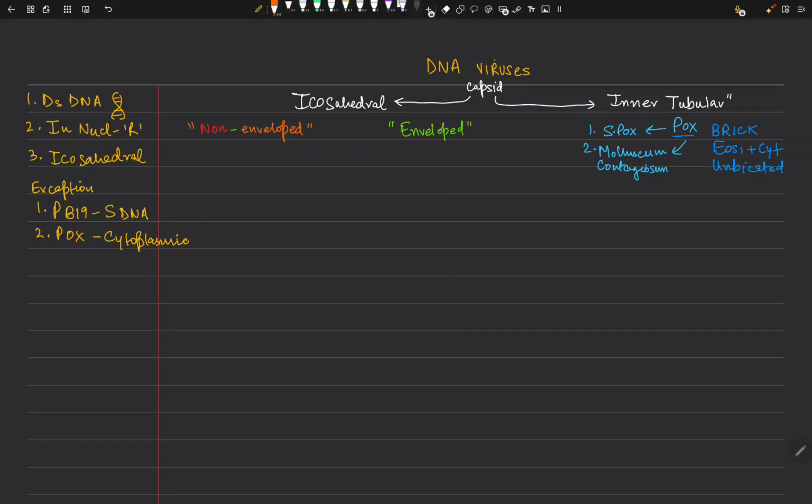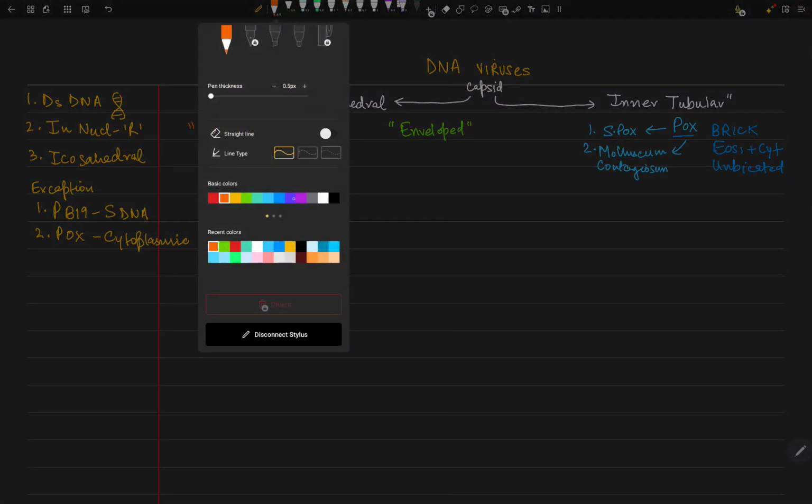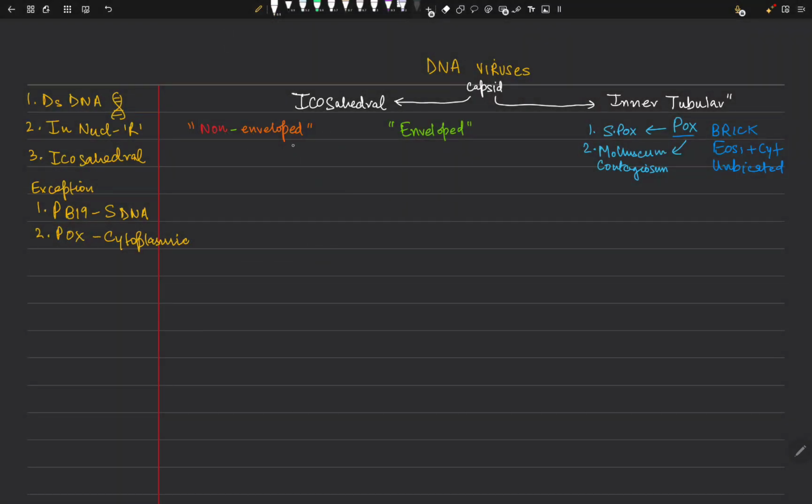Now the fastest way to think about non-enveloped viruses is that they are tougher. That's the first point. They are more resistant to drying, more resistant to detergents, more resistant to any sort of acid, and they just survive better in the environment. Often they spread via fecal-oral route or by surfaces.